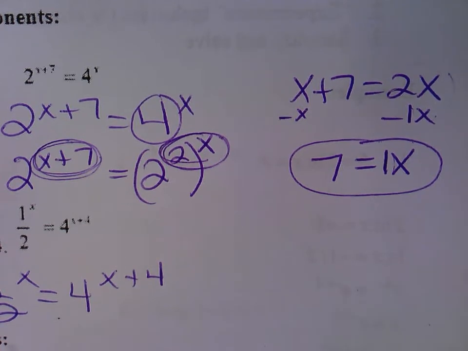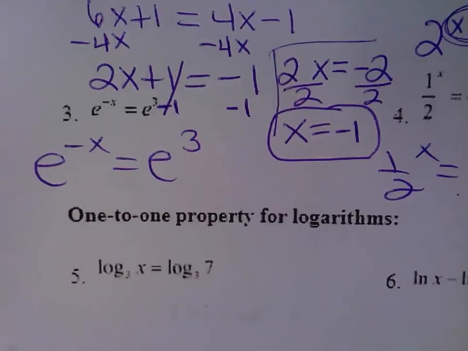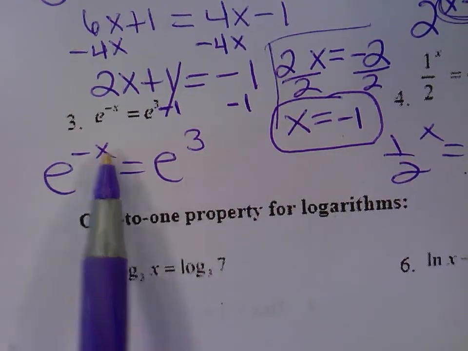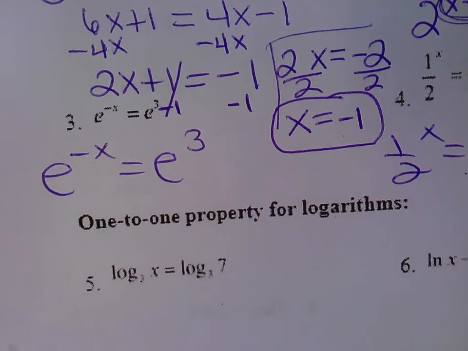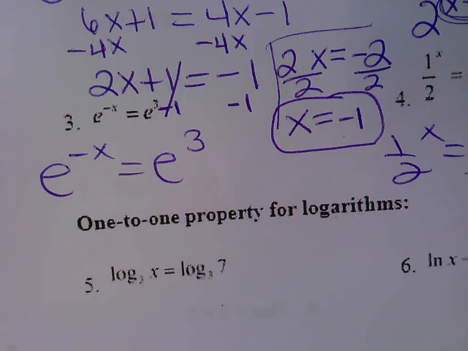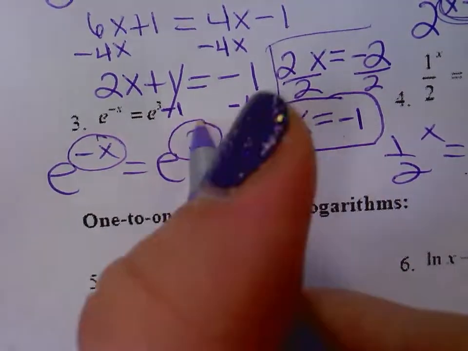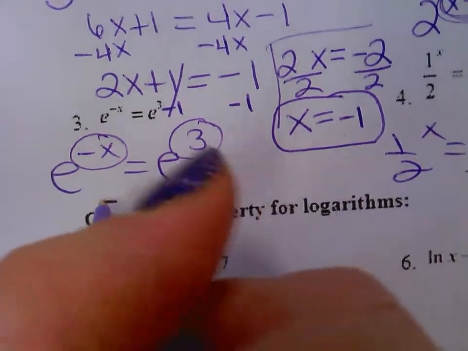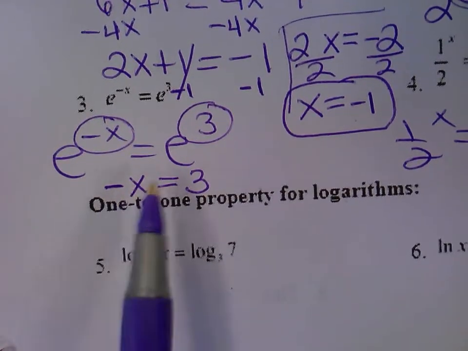Number 3 is easier. You already have a base that is e. What does x have to be to make this true? The opposite of x has to equal 3. So x itself would have to be what? What will make this equal this? If negative x has to equal 3, what would you do to both sides to solve for x?